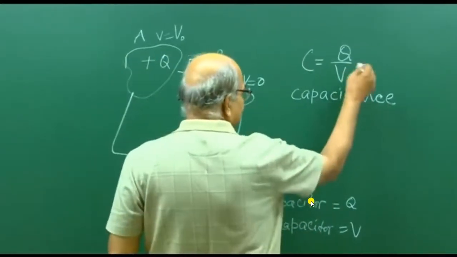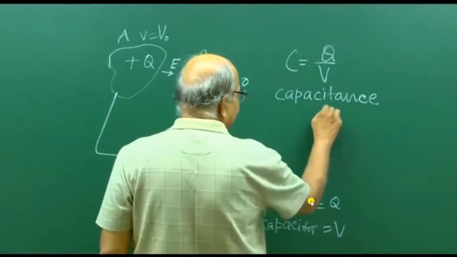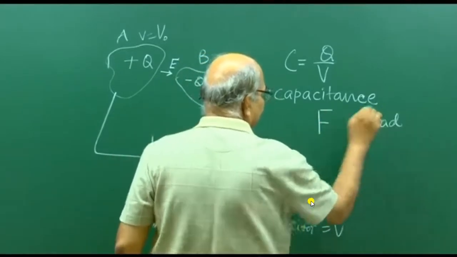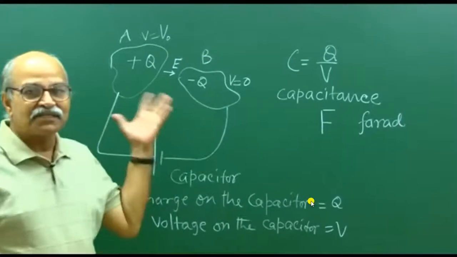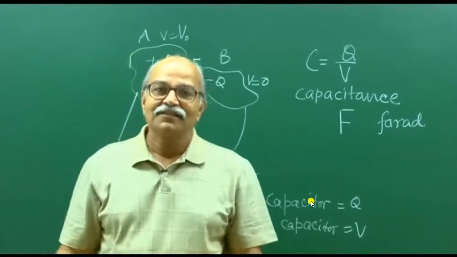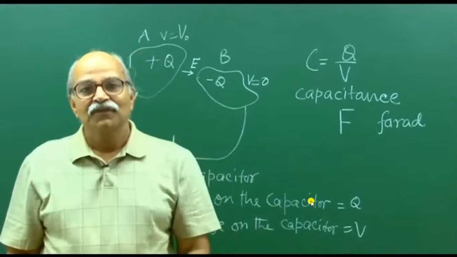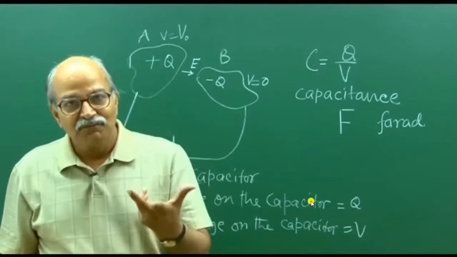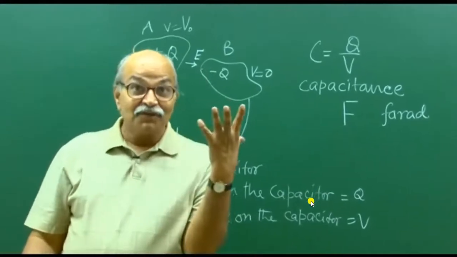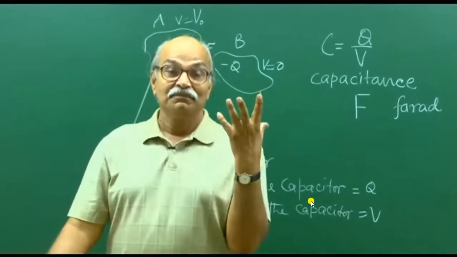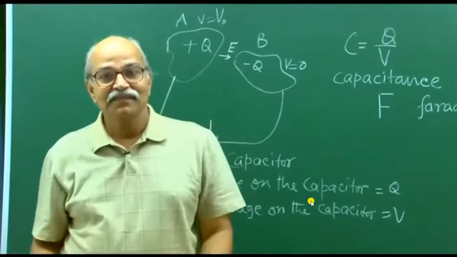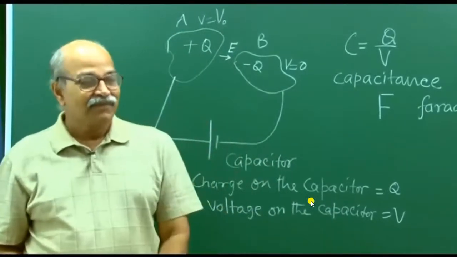So this is measured in farad, written as capital F. Normally the capacitors which are used in various circuits, the capacitance will be in microfarads, few tens of microfarads or 100 microfarad. 1000 microfarad will be called a very big capacitor or large value capacitor, and so on.